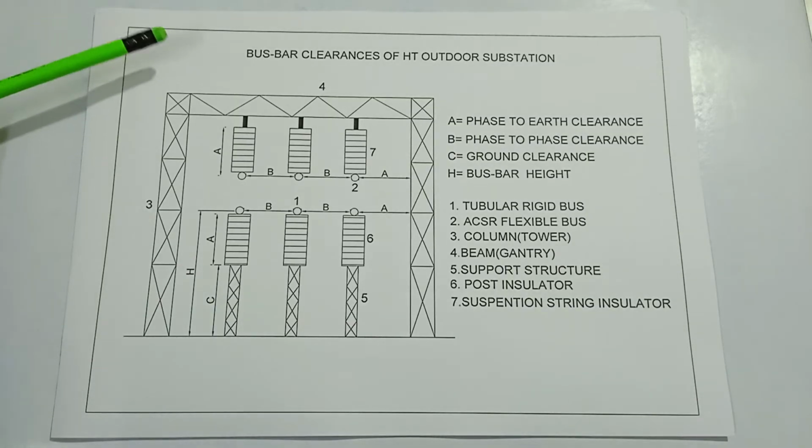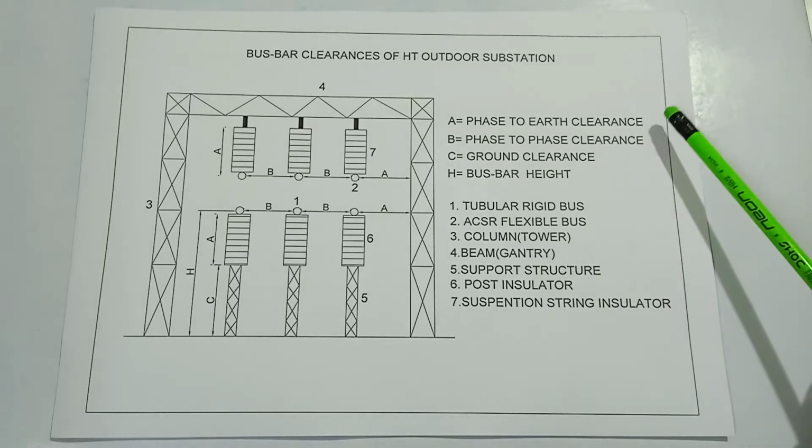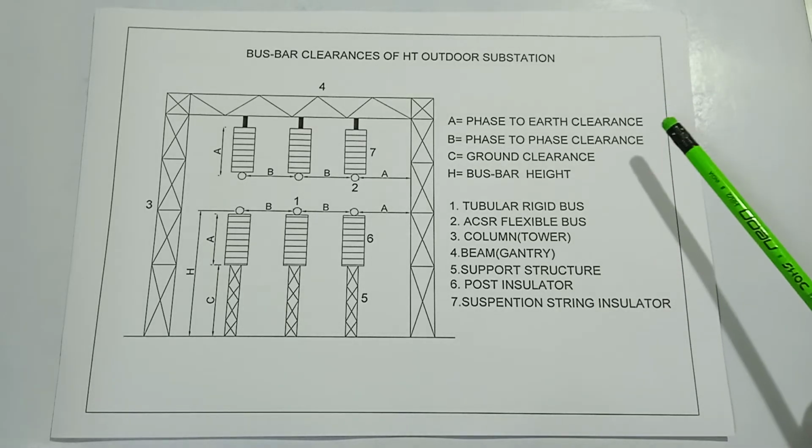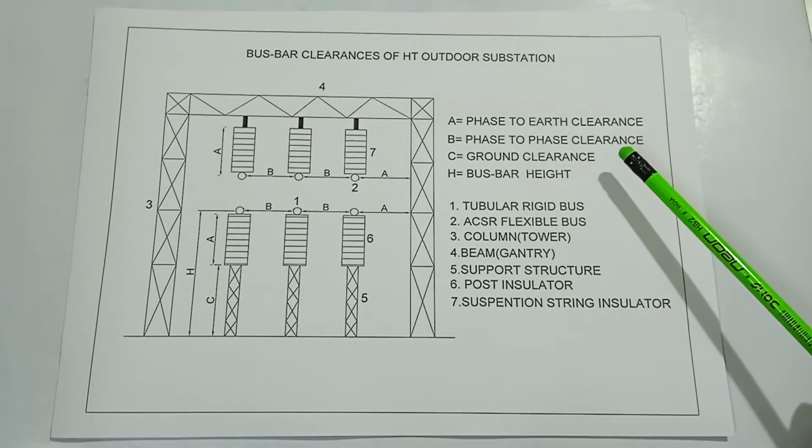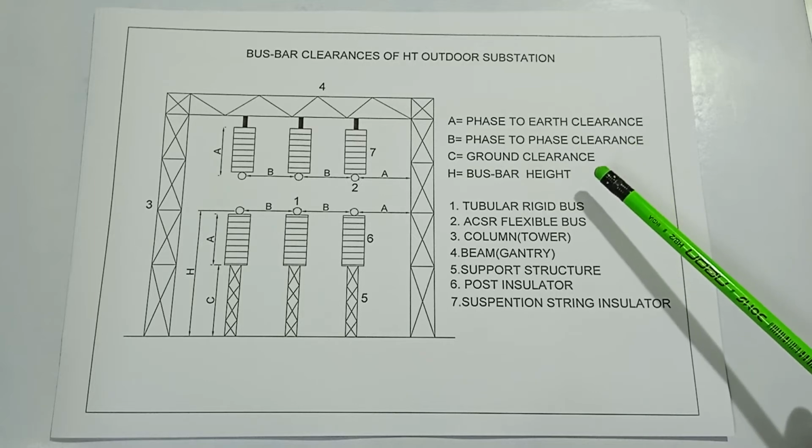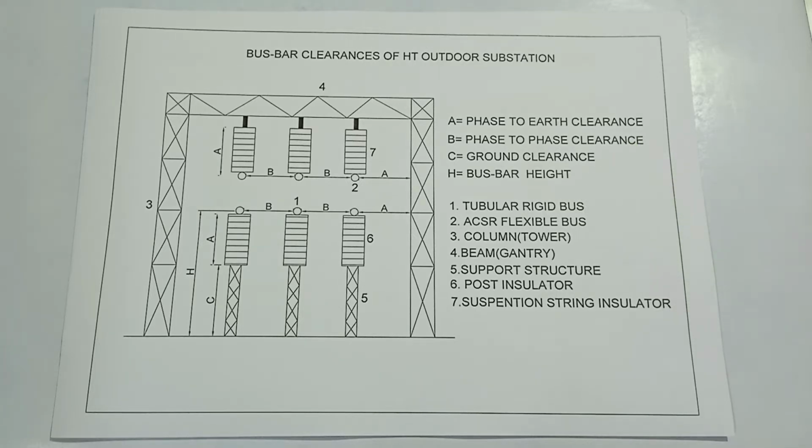Here are the busbar clearances of HT outdoor substation. Here is A, phase to earth clearance, B, phase to phase clearance, C, ground clearance, H, busbar height.